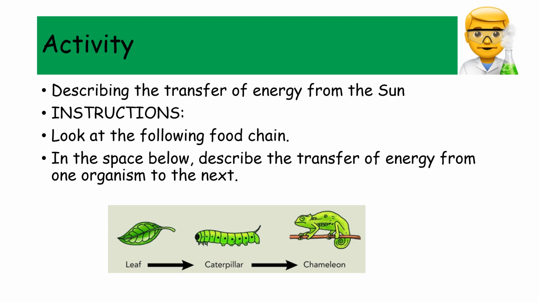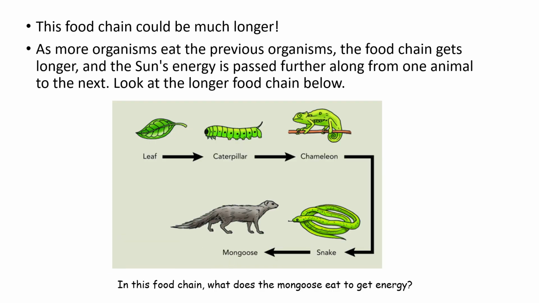Activity: describing the transfer of energy from the sun. The instructions: look at the following food chain in the space below and describe the transfer of energy from one organism to the next. This food chain could be much longer.